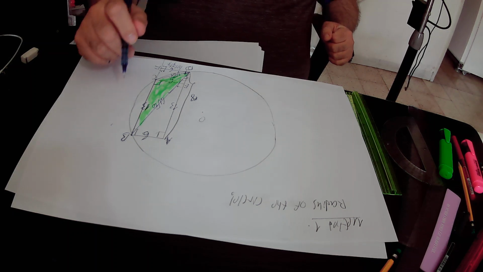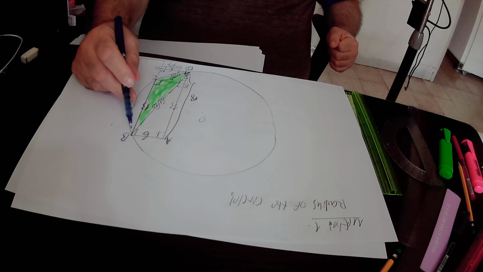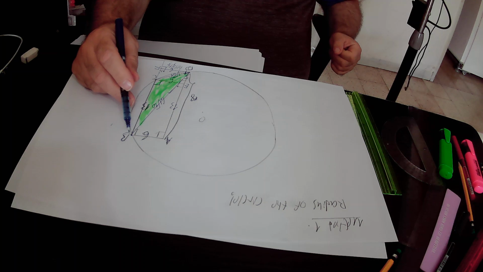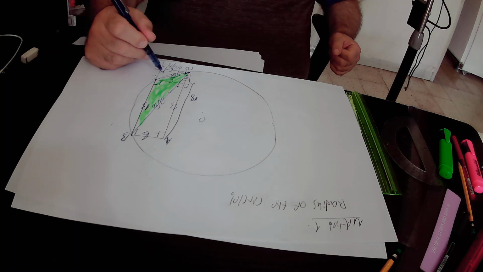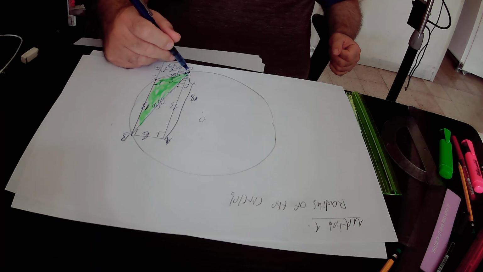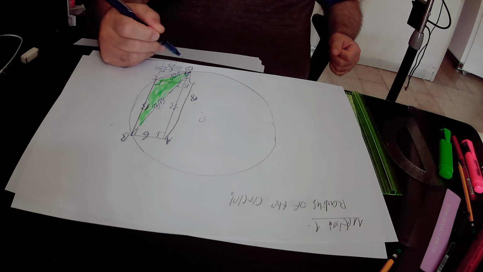So you can see that the vertex here touches the circle at point B. The vertex here touches the circle at point C, and the vertex here touches the circle at point D.